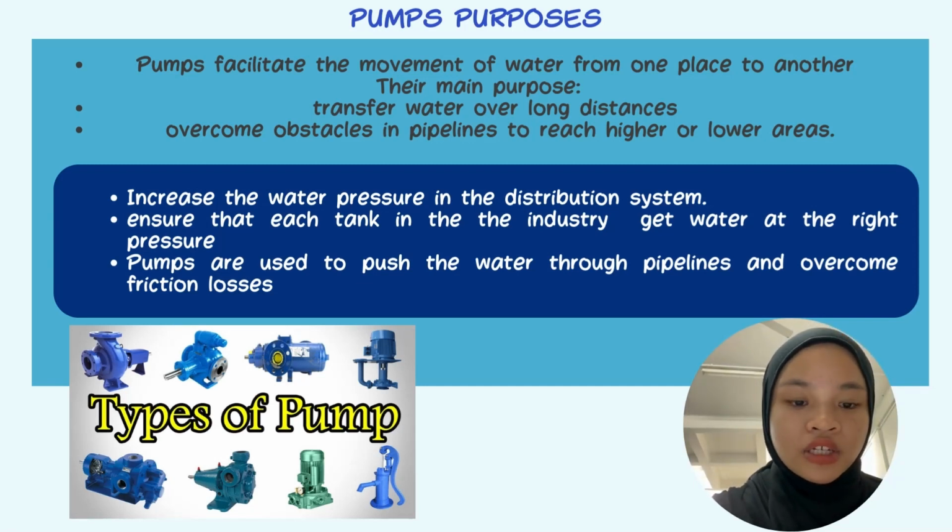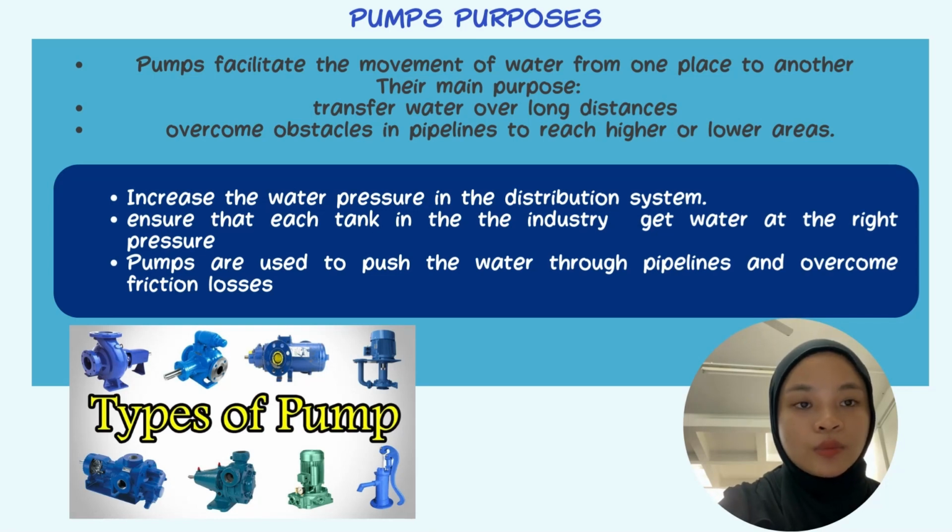So pumps actually facilitate the movement of water from one place to another. So their main purpose is to transfer water over long distances or to overcome obstacles in pipelines to reach higher or lower areas. Besides, pumps are also used to increase the water pressure in the distribution system.